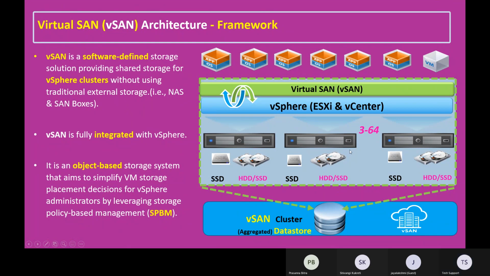Without SAN and NAS boxes, we are configuring using local hard disks. Okay, and vSAN is fully integrated with vSphere. It is an object-based storage system that aims to simplify virtual machine storage placement decisions for the vSphere administrator by leveraging storage policy-based management.